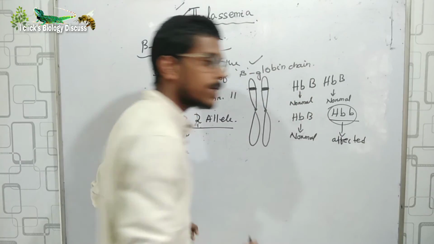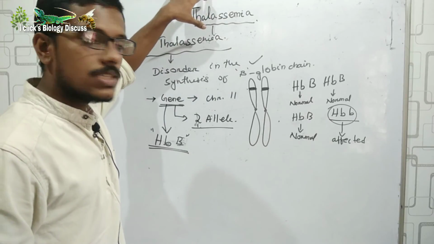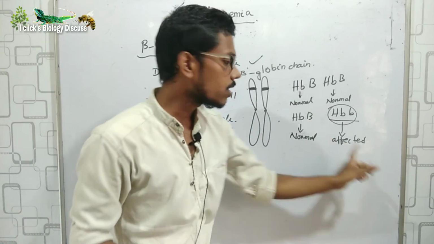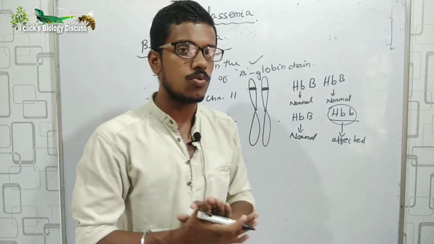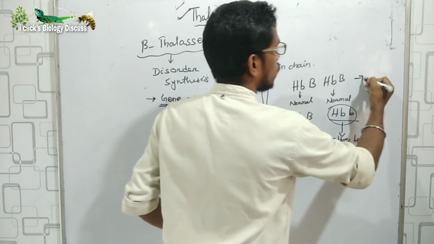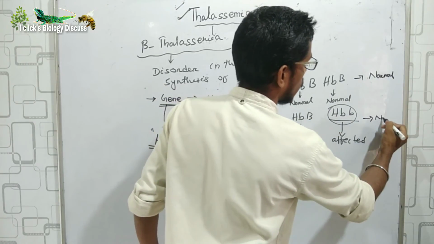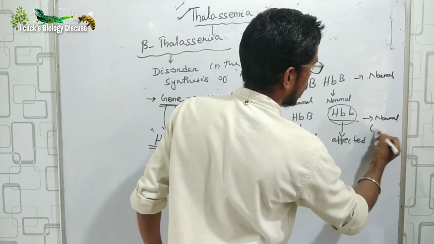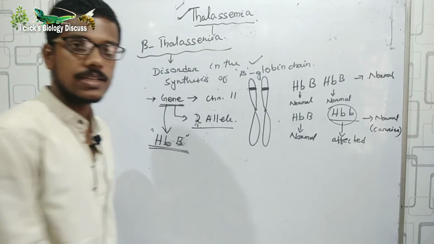As you know, thalassemia is a recessive disorder, but here it is in the heterozygous condition. In the heterozygous condition, the recessive disorder will not express. Thus this person is a normal person, and this person is also normal. This is called a carrier.